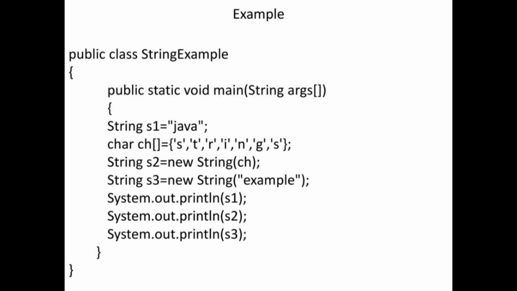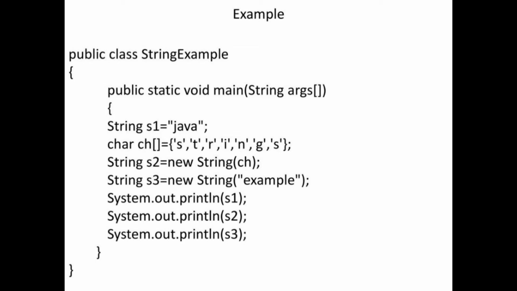And next, another string I am creating here using the new operator, that is String s2 is equal to new String, inside the brackets write ch, which is already declared as a character array, and semicolon. Next, another line: String s3 is created using the new keyword, directly written in the brackets: String s3 is equal to new String, inside the brackets I am writing example, and semicolon.